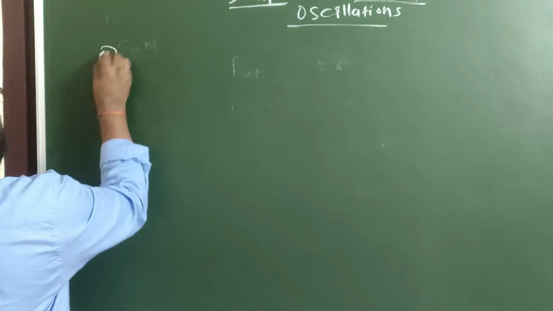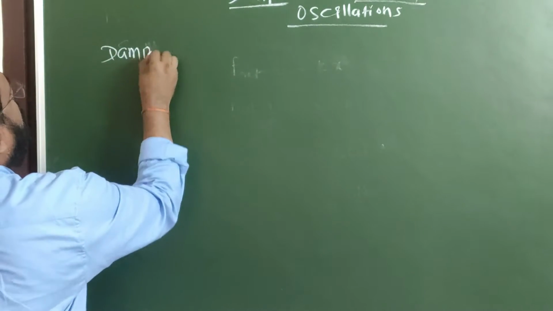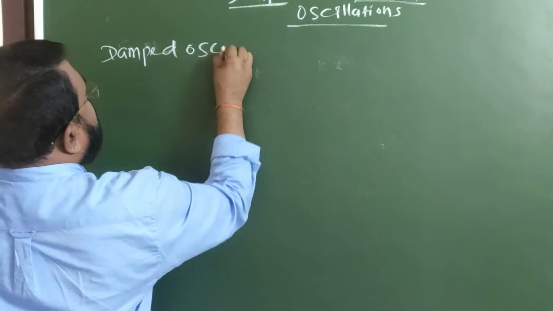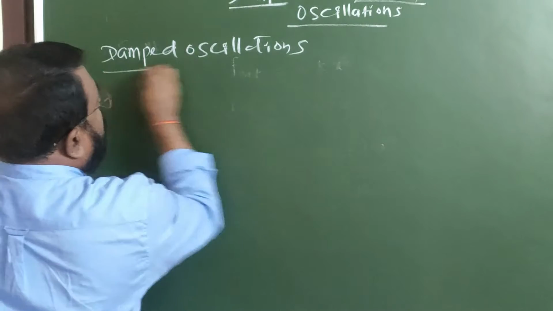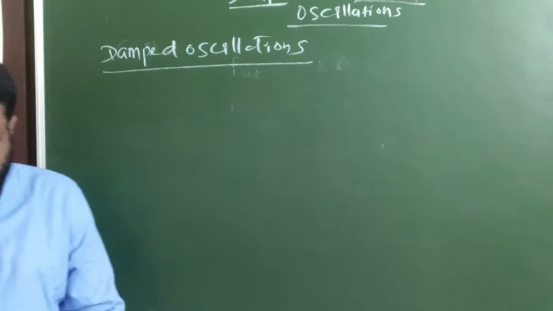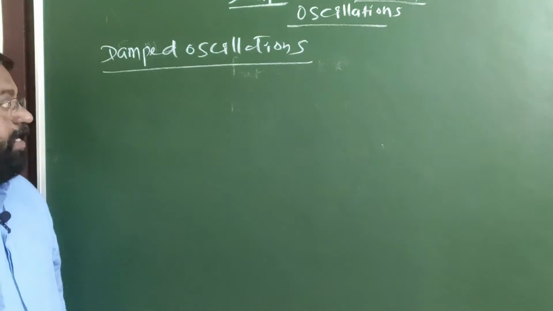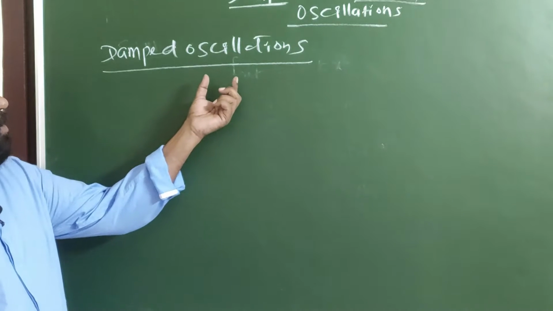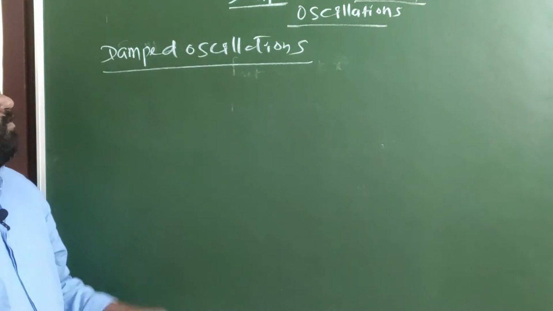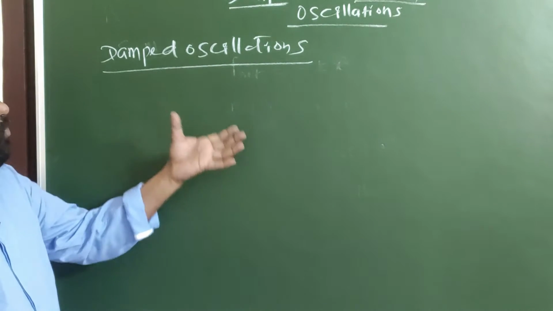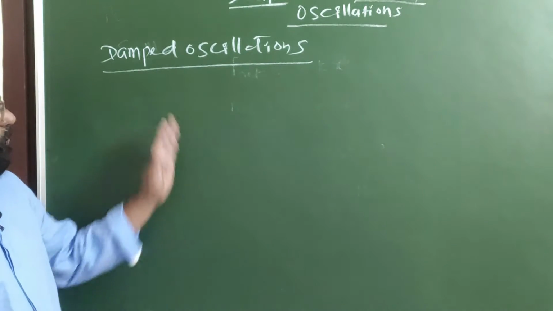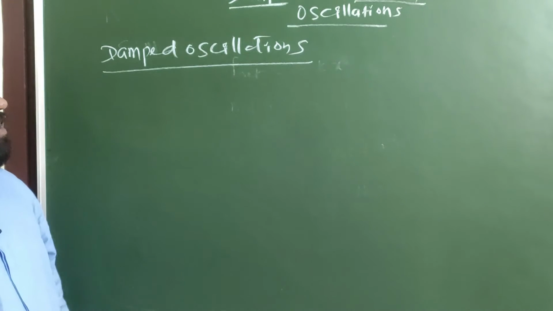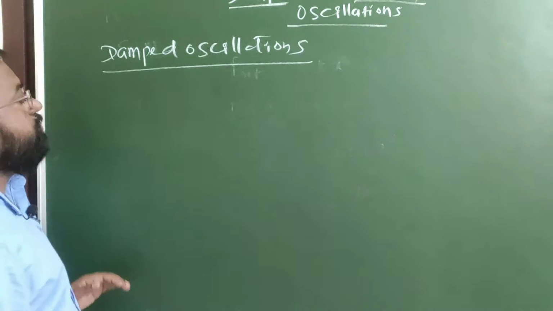Therefore in damped oscillations, if an object is oscillating in a medium, due to drag force the energy decreases and the oscillations finally come to rest. This type of oscillation is called damped oscillations.